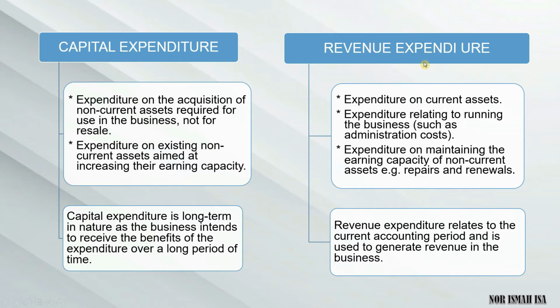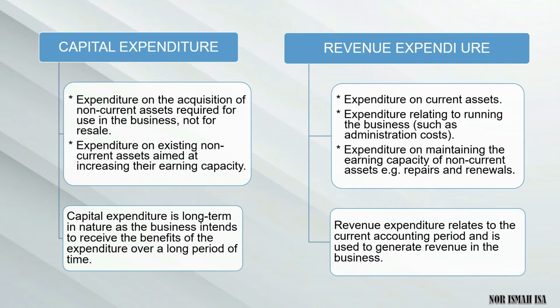As for revenue expenditure, this is expenditure on running the business, such as administration costs. In running the business, the company will incur costs on repairing machines, or we need to pay for utilities.